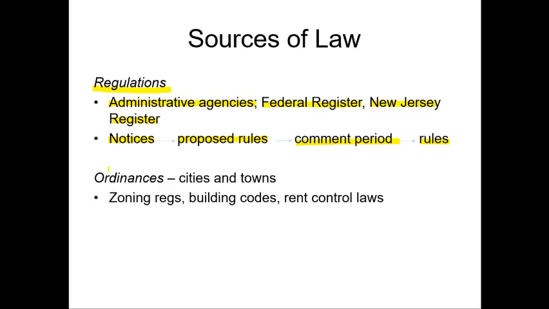Ordinances are typically what are passed by cities and towns in their city councils, commissioners meetings, and school board meetings, things like that. You're looking primarily at things like zoning regulations as to what part of your city you want your residential area versus your industrial area, building codes as far as what's required for owners to provide safety measures, rent control laws, things like that.